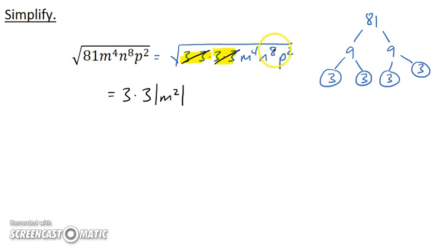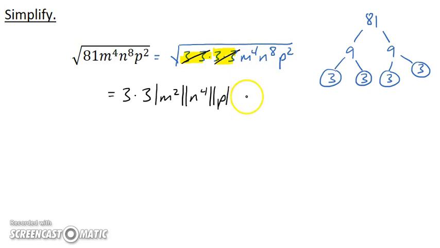N to the eighth would be like n times n times n times n times n times n times n times n. So I could make 4 groups of 2 out of that. I need n to the fourth with nothing left. And p squared is like p times p. I could get absolute value of p out, 1 for every 2. Hey, everything came out of the radical.